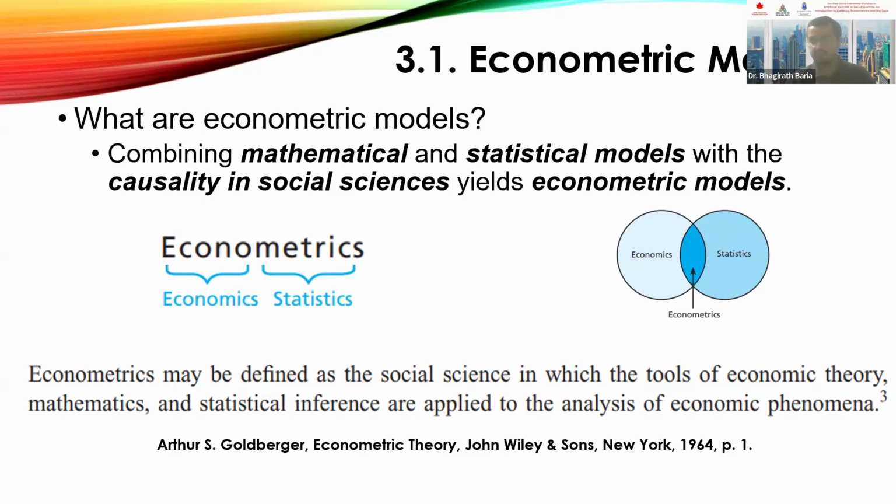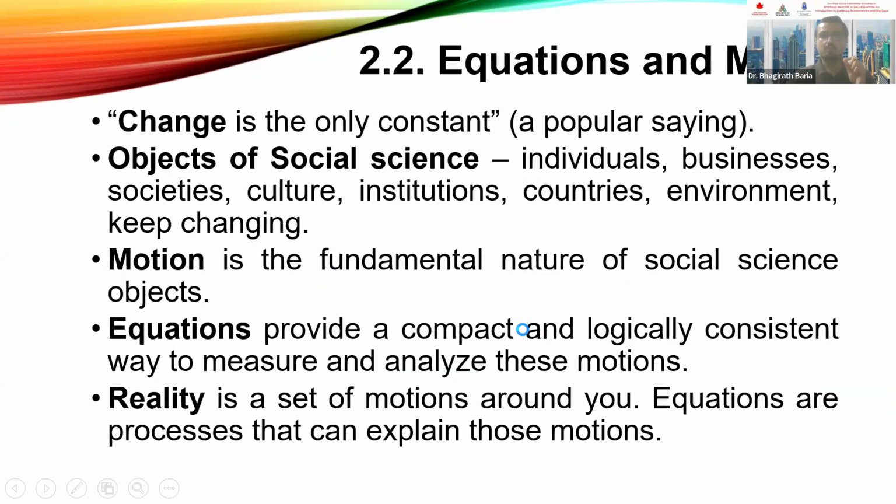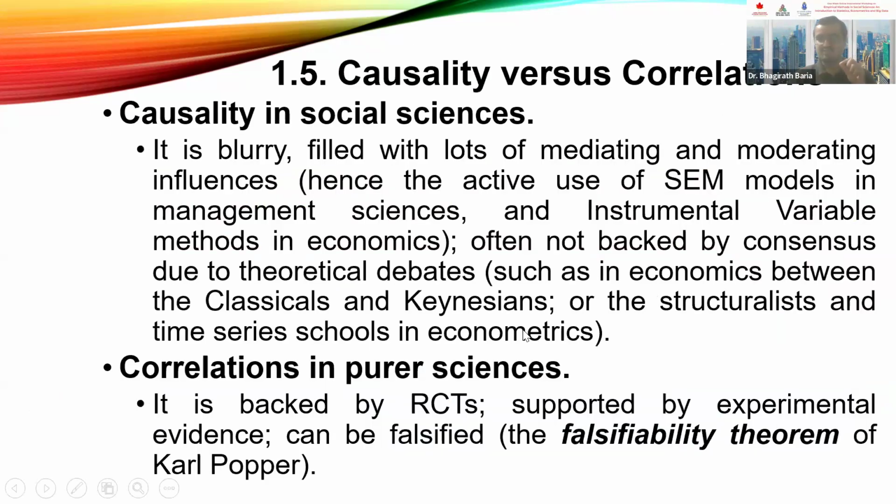That's what econometrics is. It's a social science which helps you deal with the fundamental problem. Remember the problem we talked about just now, causality in social sciences. In social sciences, we cannot do large-scale randomized control trials or experiments. So what tool do we have to do those kinds of experiments? We have econometrics.